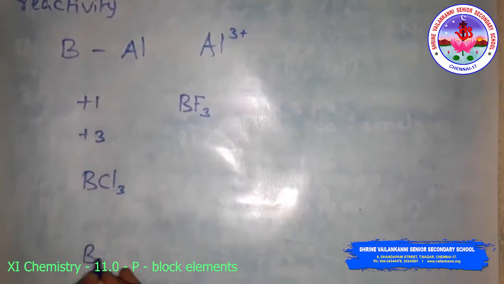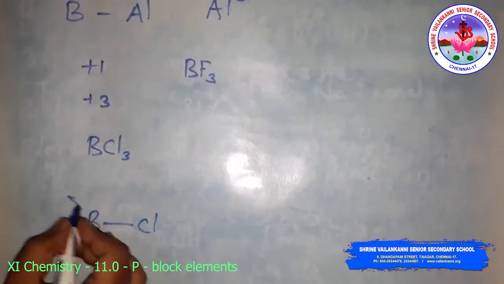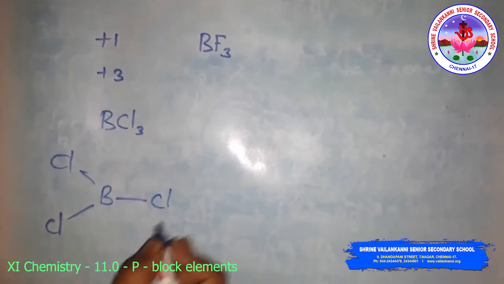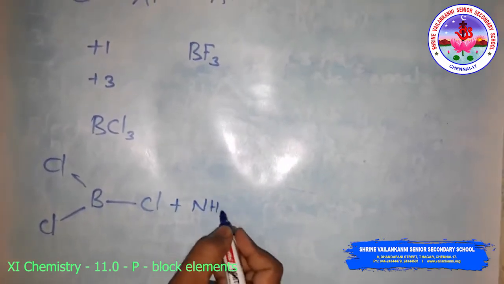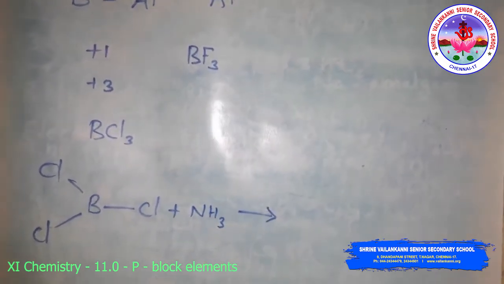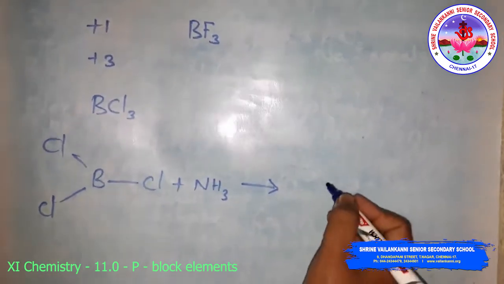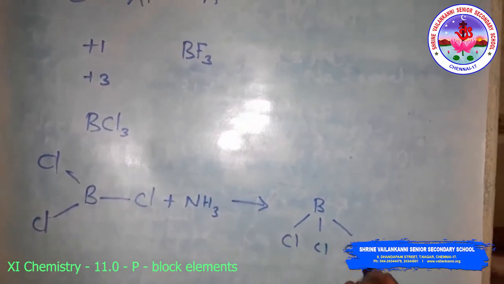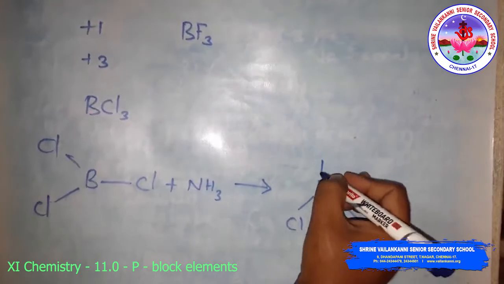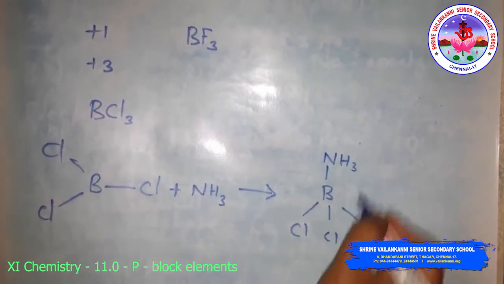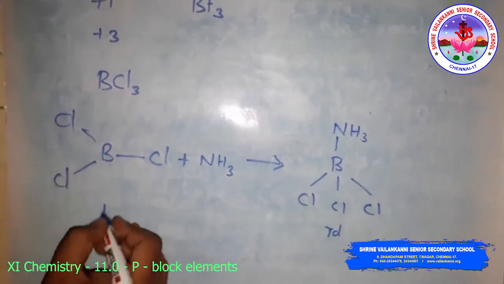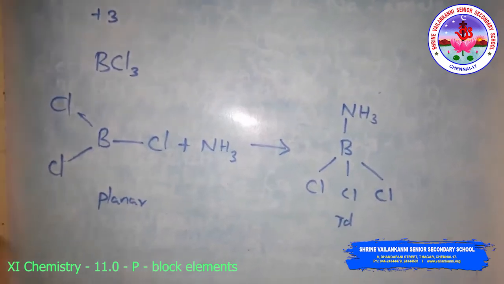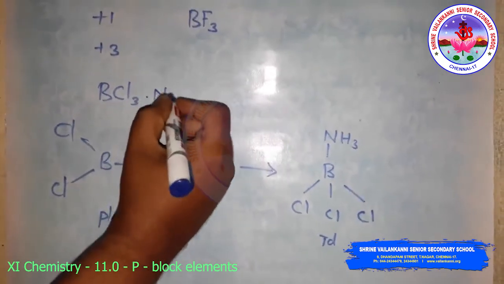Look at this: BCl3 is a planar structure, and it reacts with ammonia to form a tetrahedral structure, that is B, Cl, Cl, Cl and NH3. So this is tetrahedral, and this is planar. Usually they form BCl3·NH3.